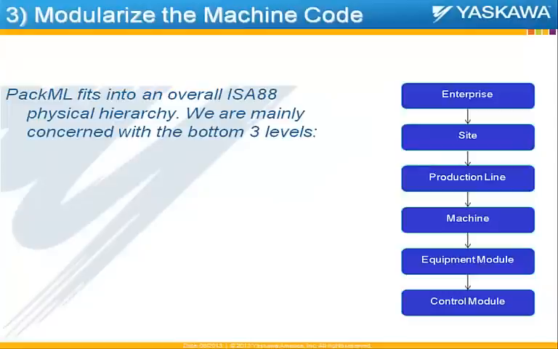The third step is to modularize your machine code. You may have seen this on the wiki page, but the PackML fits into an overall physical hierarchy, starting at the global enterprise level. Picture yourself as an executive. You want to see how your business is performing.